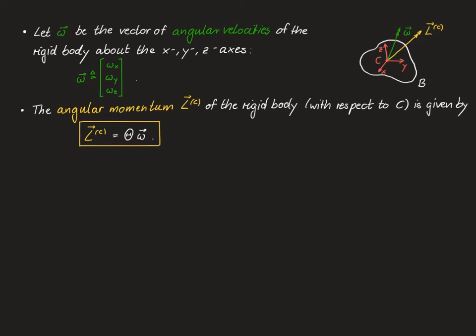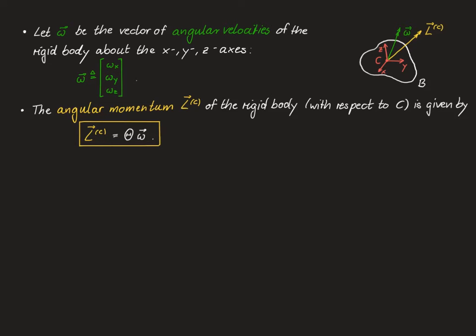Typically, the angular momentum is denoted with a capital letter L. It is again a vector that generally does not point in the same direction as the vector of angular velocities omega, and that's because we multiply omega with a general inertia tensor theta.